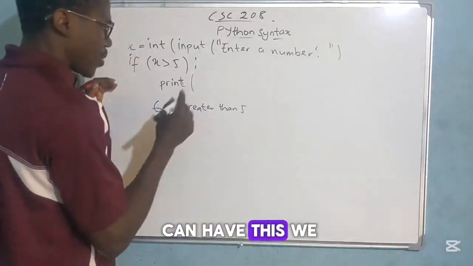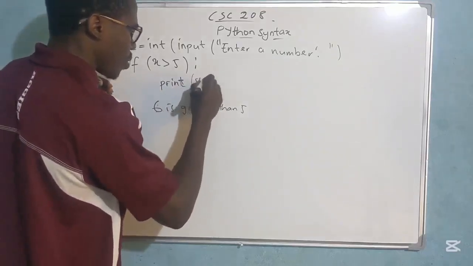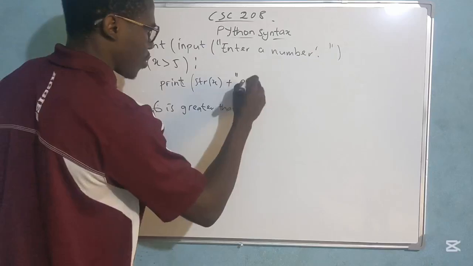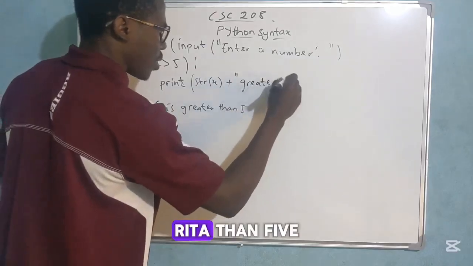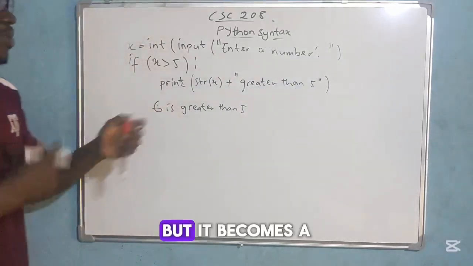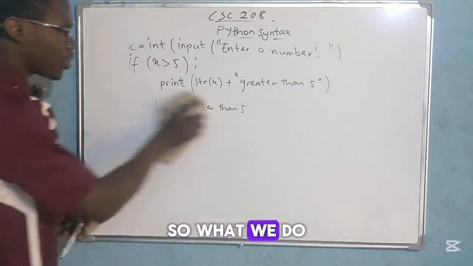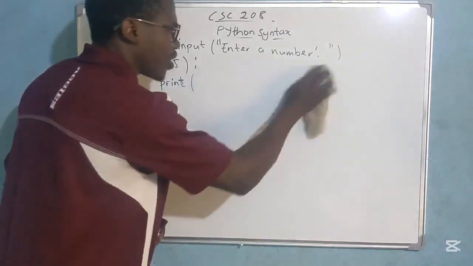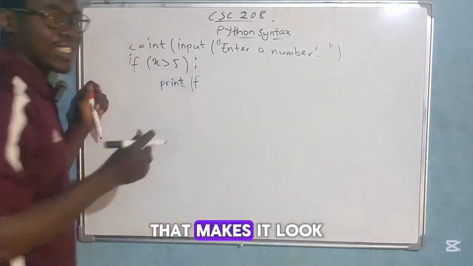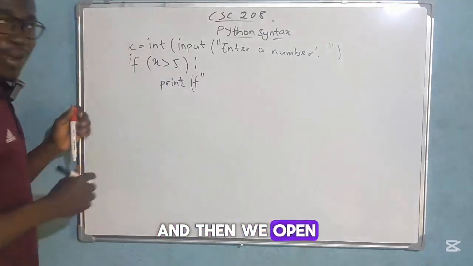So we can have this, x greater than 5. But it becomes a problem when you have many inputs. So what we do here is very simple. We just add an f there. That makes it look like print f in C, and then we open our braces.